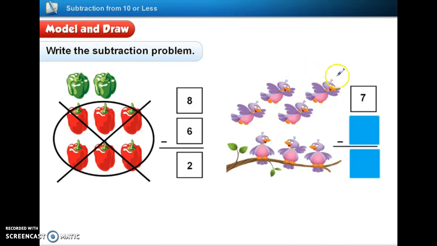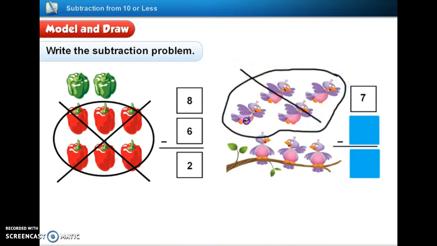Now I want you to look at these 4 birds. These 4 birds flew away. So how many birds flew away? Right, 4. So we're going to write 4 in our next box.